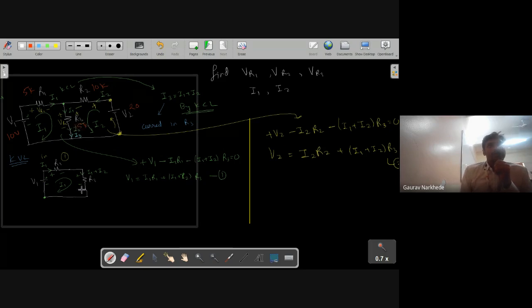So what I have considered: R1 is equal to 5 kilo ohms, R2 is equal to 10 kilo ohms, and R3 is equal to 15 kilo ohms. V1 is equal to 10 volts and V2 is equal to 20 volts. So this is the given data. Any problem in this?